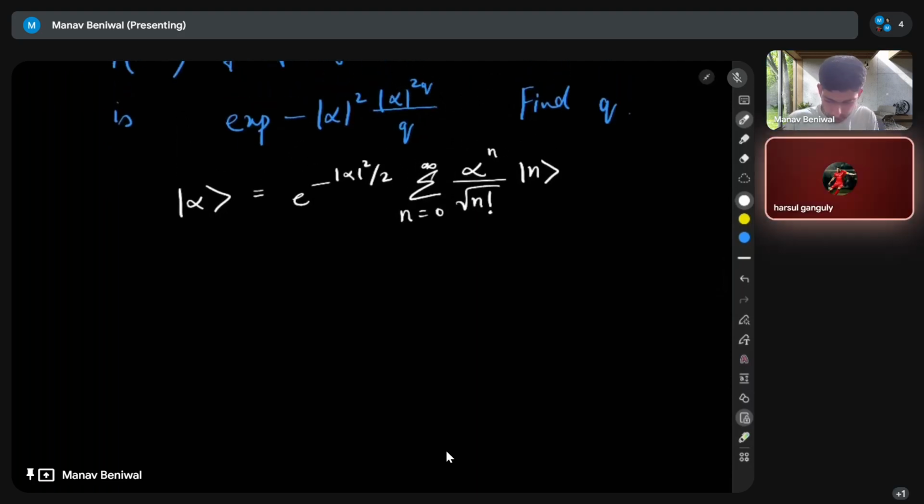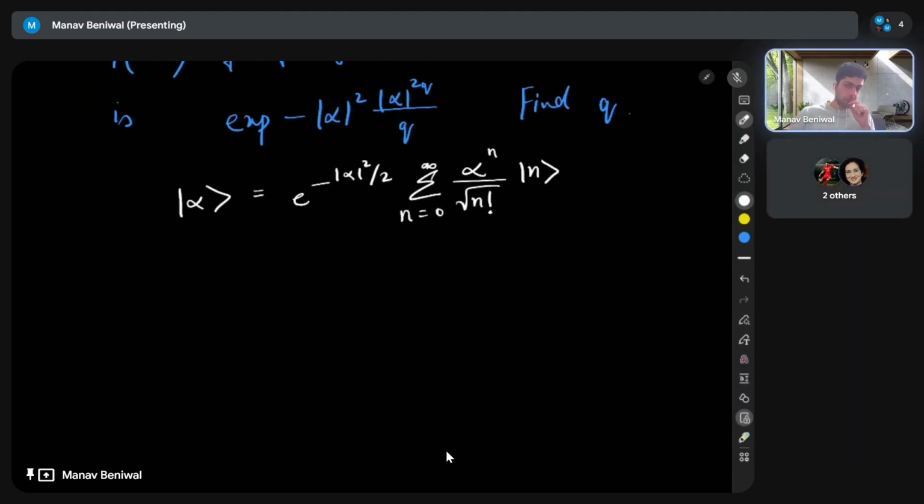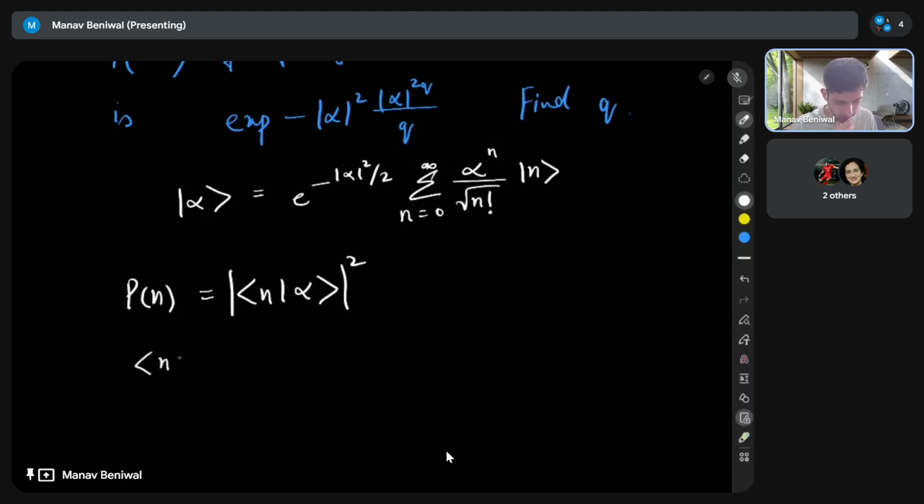Then the probability of finding the state in a specific number state n, P of n, basically it will be the mod squared of the inner product of n with alpha. So if we do this operation, we will get the inner product of n with alpha as e to the minus mod alpha squared by 2, and then here we have the sigma.